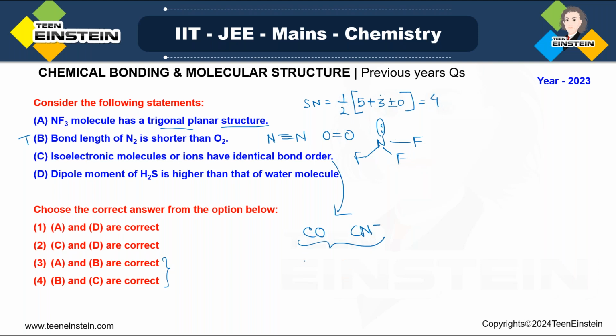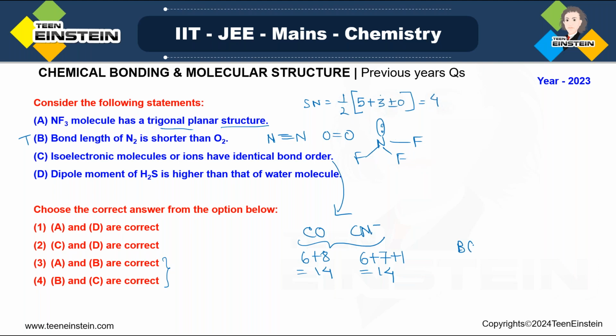For carbon, if you consider valence electrons, that is the total number of electrons, it will be 6, and for oxygen it is 8. So what you are getting? 14. Now for the other species, if you do the same thing, it is 6, and 7 for nitrogen atomic number, but with the extra negative charge, again you get 14. So this is isoelectronic, and isoelectronic species always have identical bond order.